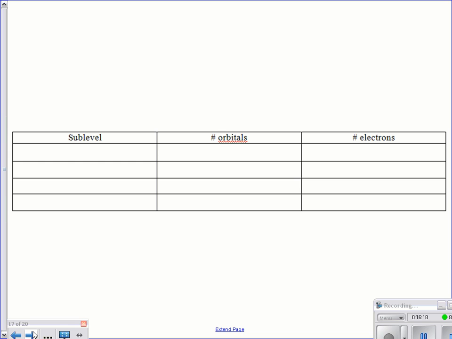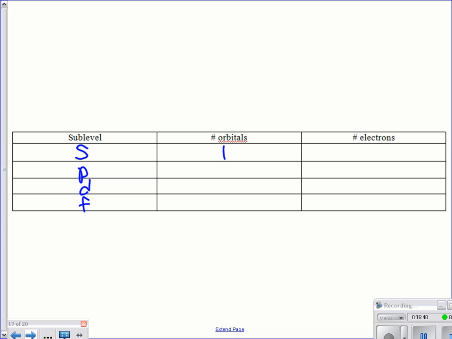Okay, so here we have on the front side again this table. You guys have seen this. We did this the first day with the electron configuration, put a little star by it, and we said if you understand this, it'll help tie in a lot of things about electron configuration and quantum numbers. So let's look at this again. Our sublevels we know are S, P, D, and F. How many orbitals, when you draw those boxes for your orbital spin diagrams, do you draw for an S? 1.